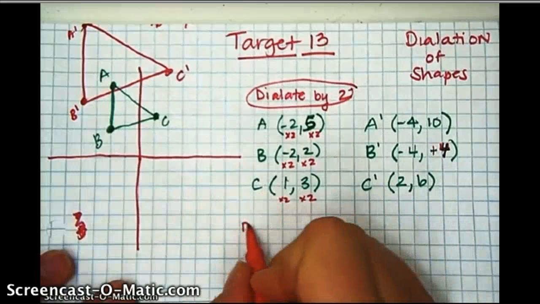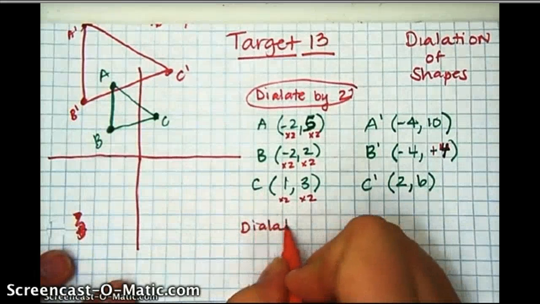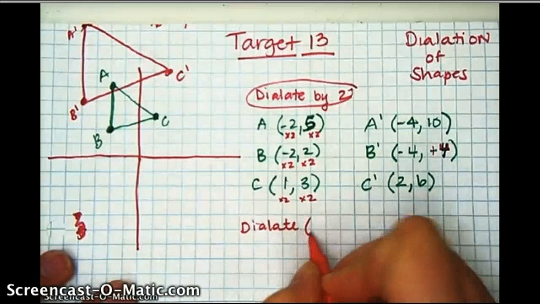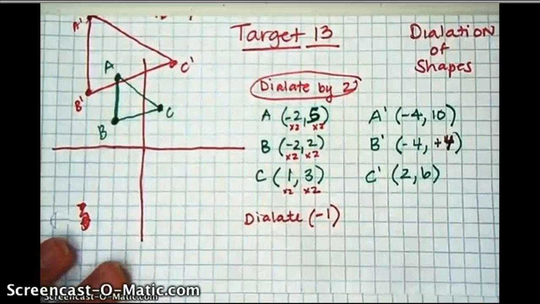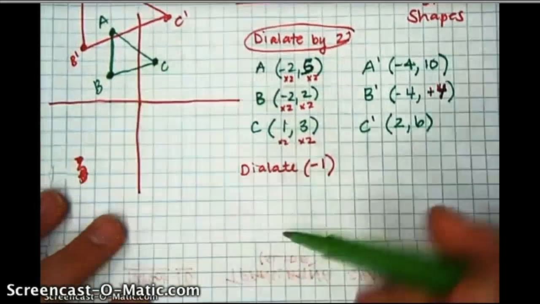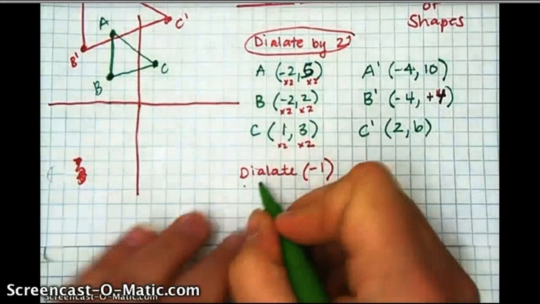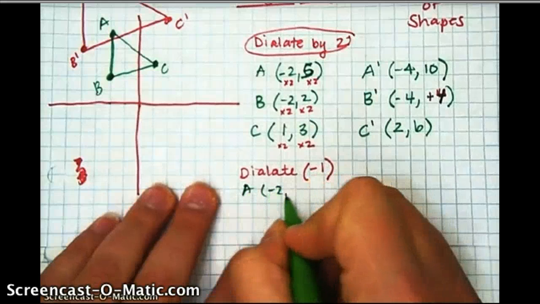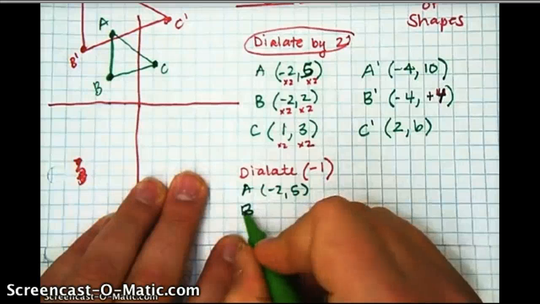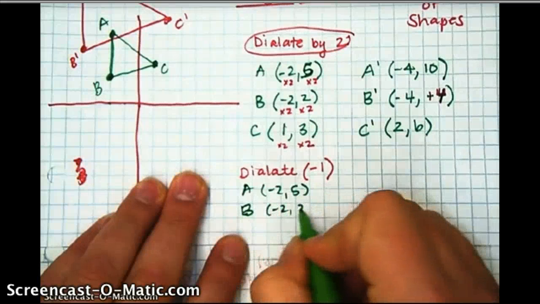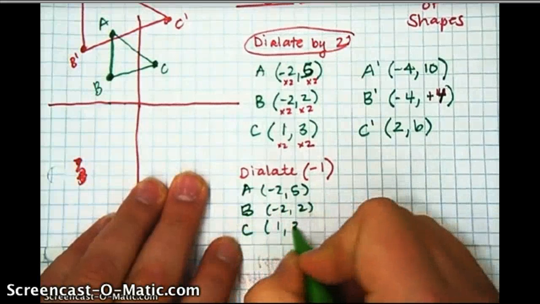If we were to dilate by, let's say, a negative number, you would do the same thing. Our initial points are: A was at -2, 5, B was at -2, 2, and C was at 1, 3.